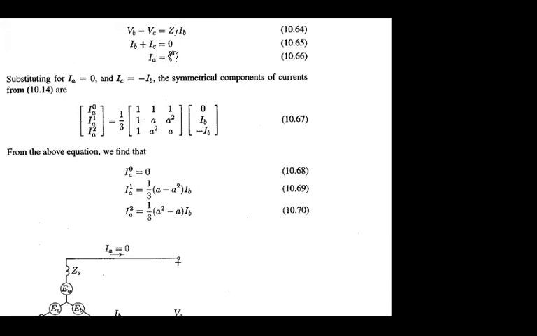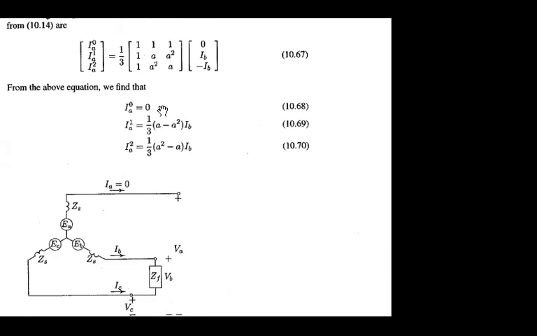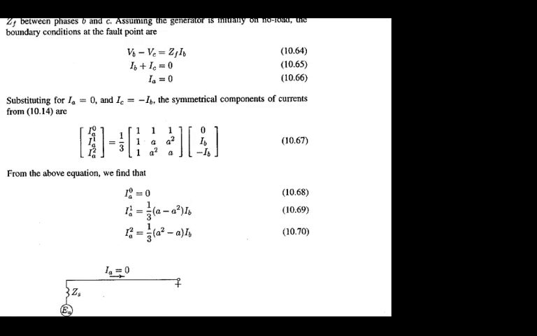Why is IB plus IC 0? Because they are in the same combined path, right? The direction of IB and direction of IC will make 0 effect for that short connection between line to line, and that's why IB is equal to minus IC, or IC equals minus IB.